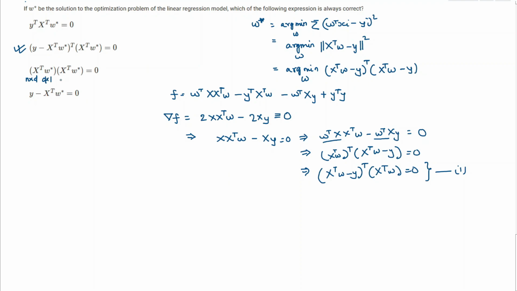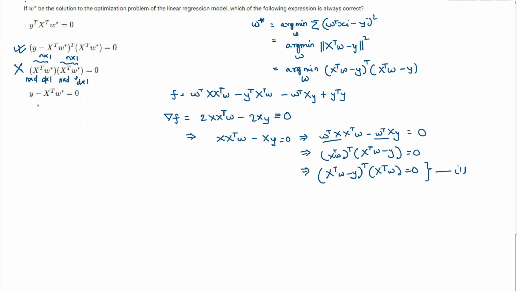So this term is n cross 1 and this term is n cross 1, which means the matrix multiplication is not compatible, right? Because for a matrix multiplication to be compatible, the number of columns in the first matrix should be equal to the number of rows in the second matrix, which is not the case here. So that's why this option is definitely false.